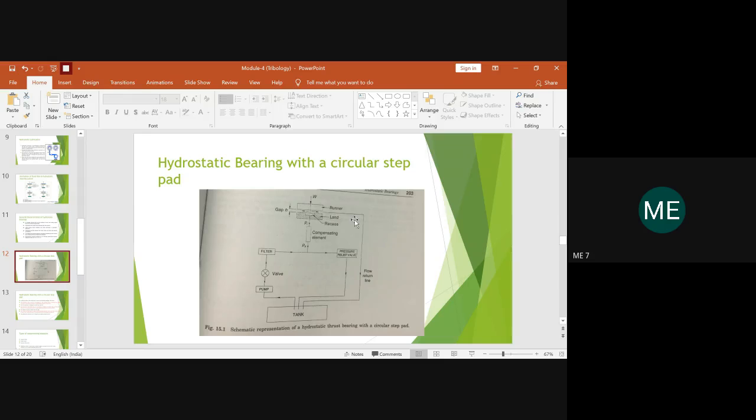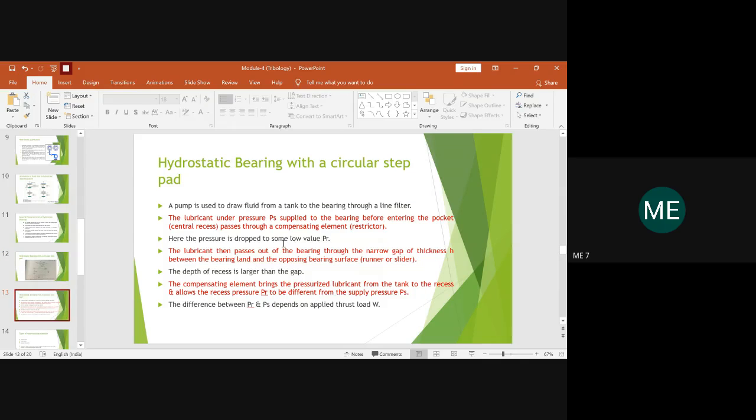So even looking at the diagram, you can explain it orally and tell the terminologies, how it relates, when the pressure drops, when it is higher, which gap is higher than which one. All those things you should tell. And also that the difference between PR and PS mainly depends upon the applied thrust load. All of this has to be included if they ask you to explain.